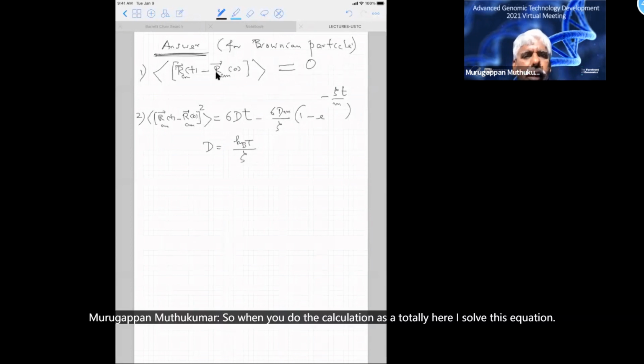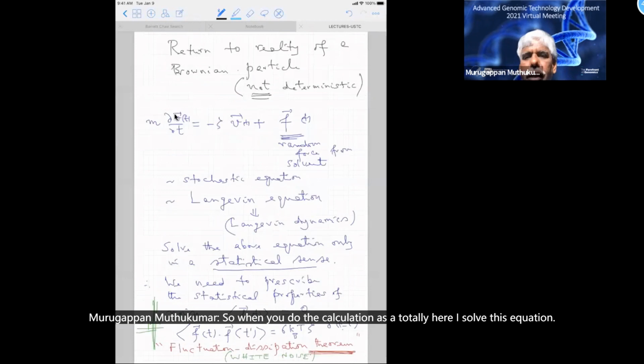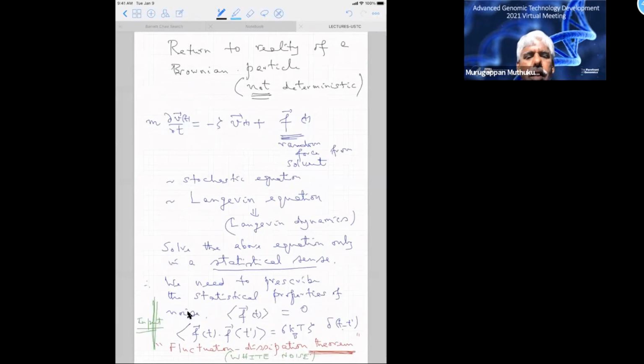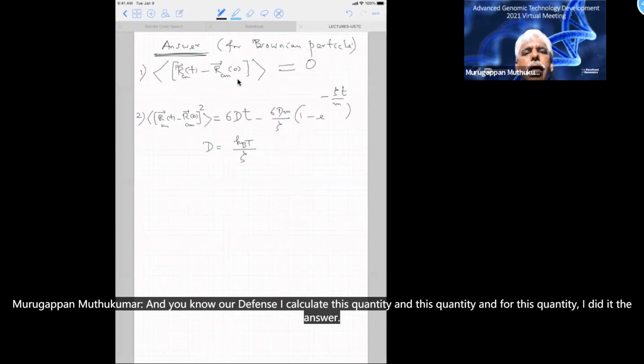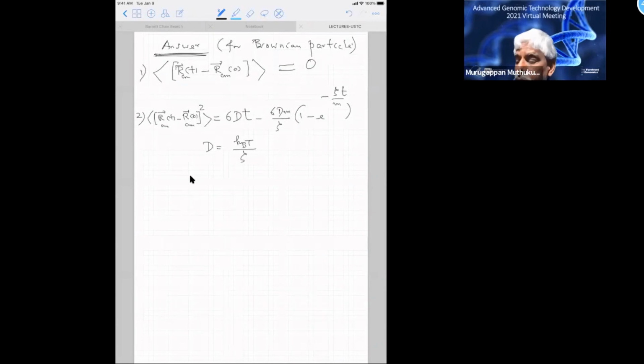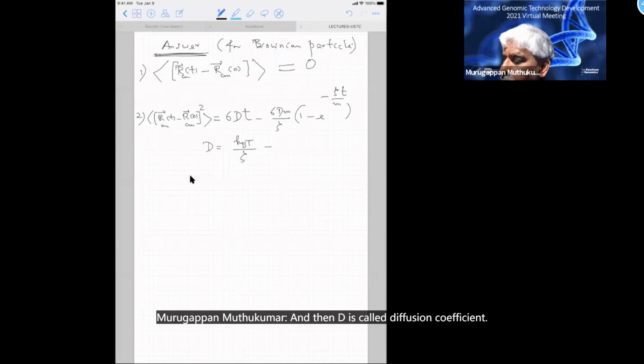So when I solve this equation using this input, in an average sense I calculate this quantity, and this is the answer. And then d is called the diffusion coefficient.